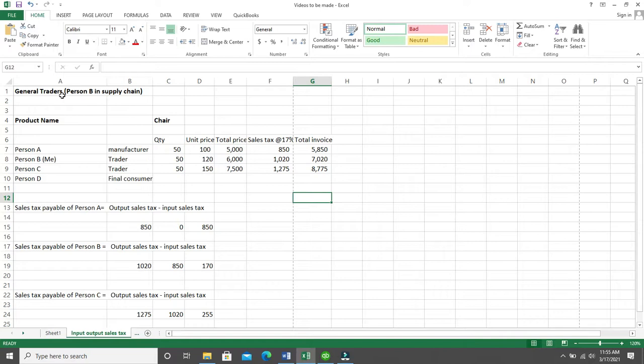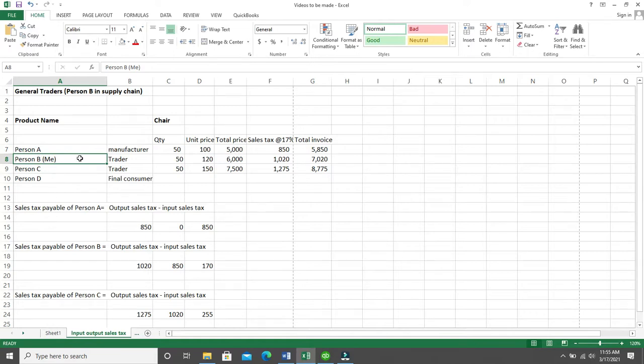In this illustration we are general traders, that is person B in this supply chain. This supply chain consists of four persons. Person A is the manufacturer of a product called chair. Person B is me, that is general traders.